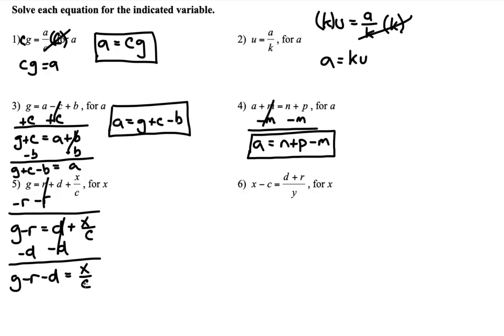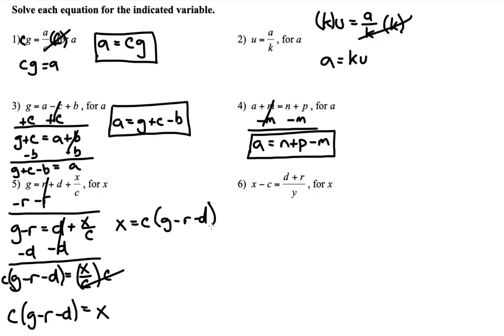And it's x divided by c. So the opposite of x divided by c would be to multiply by c. And if I do it to one side, I have to do it to both sides. Now that cancels. And so on my left side, I have c times g minus r minus d. And that's going to be equal to x. So our answer is just going to be x equals c times g minus r minus d.